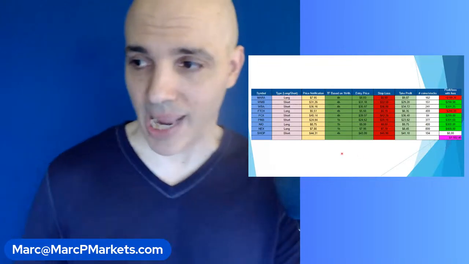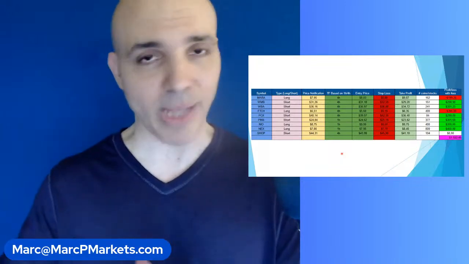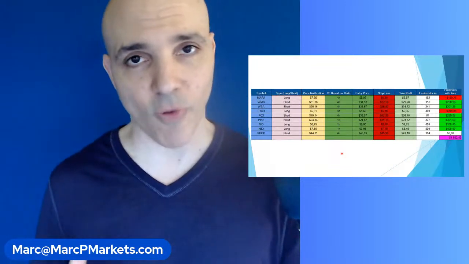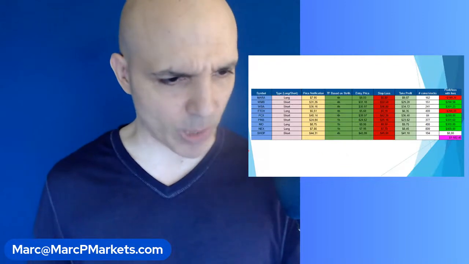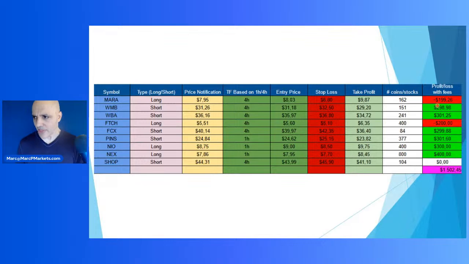Now, I'm not saying that this is a reflection of the win rate, or that this is some kind of amazing magical tool. I told you before, there is no such thing. Let me make this bigger so you can see it. This was just 10 randomly selected trades from, I think, March to April.